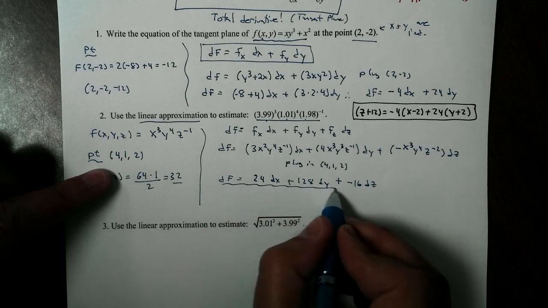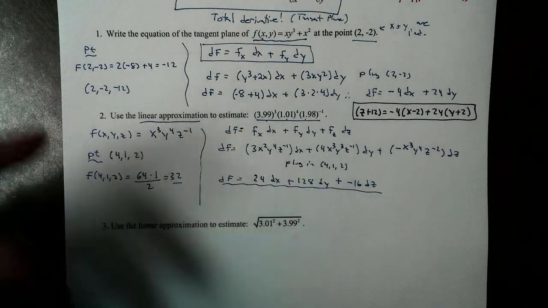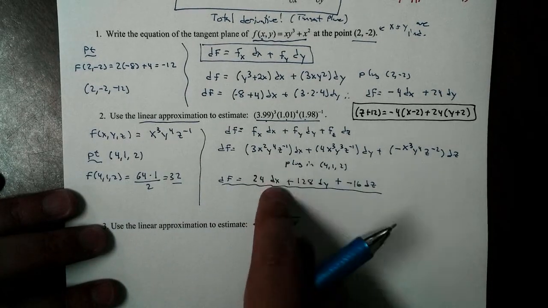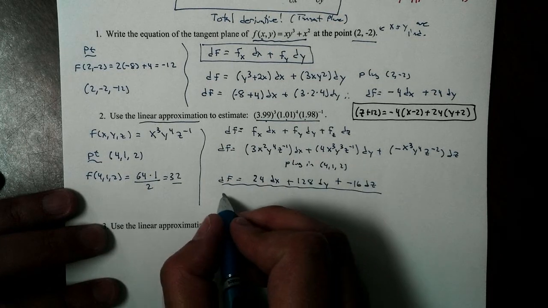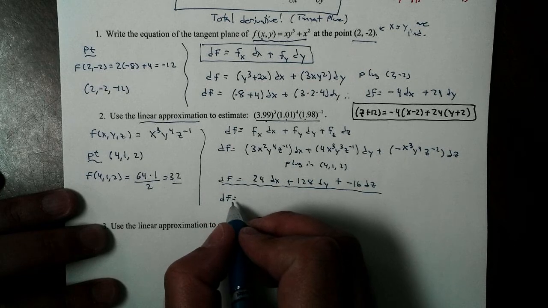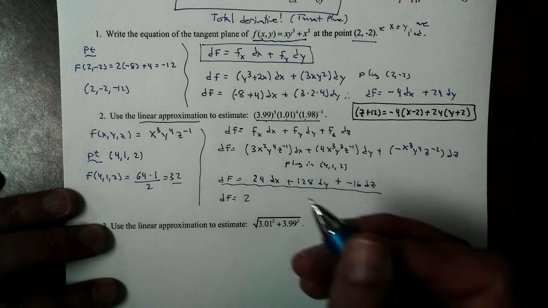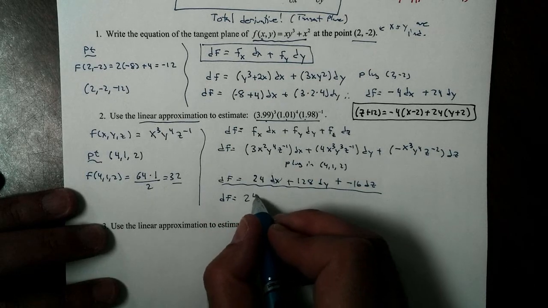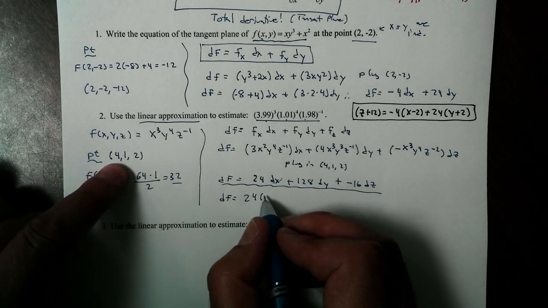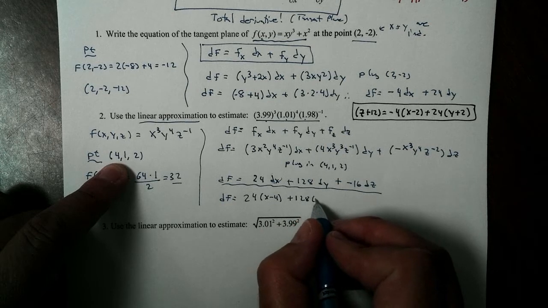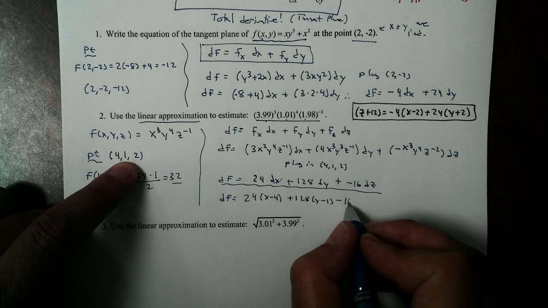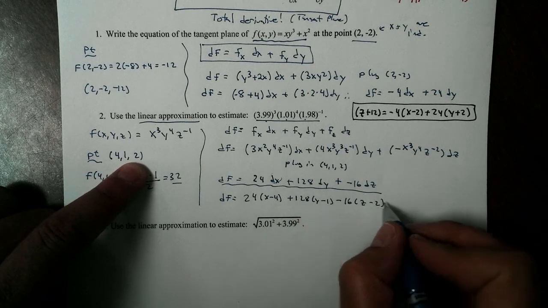Now we're not done, because they want me to estimate the value, so I should get a number. So now is when I have to plug in my changes, my differences. So now, if I rewrite this as a function, in terms of my tangent plane, my change in x, 24, remember we're doing x minus 4, plus 128 y minus 1 minus 16 z minus 2.